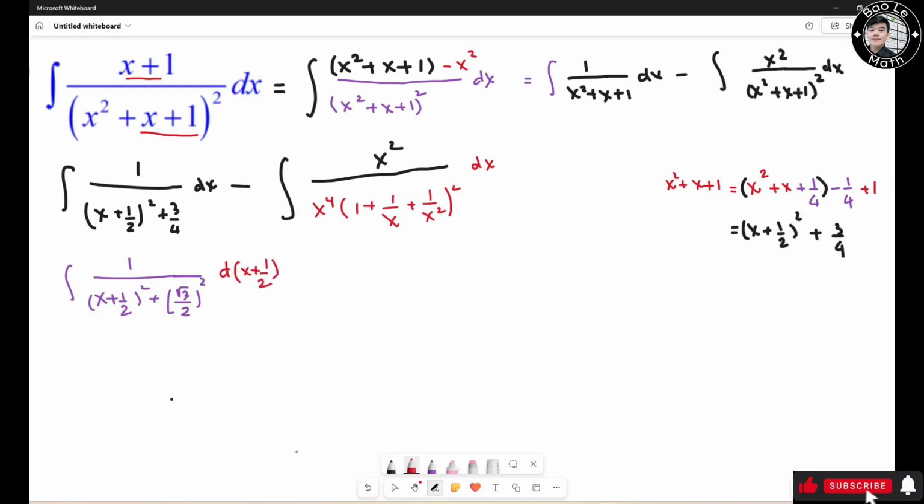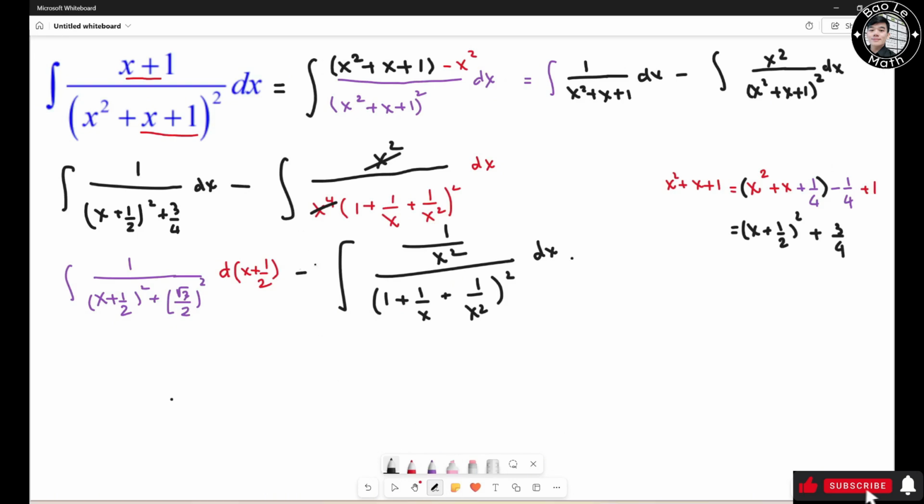So then I can apply the formula. For the second one, I simplify s squared with the s to the power 4, so I have s squared left. So this can be written as the integral of 1 over s squared over 1 plus 1 over s plus 1 over s squared altogether square ds.